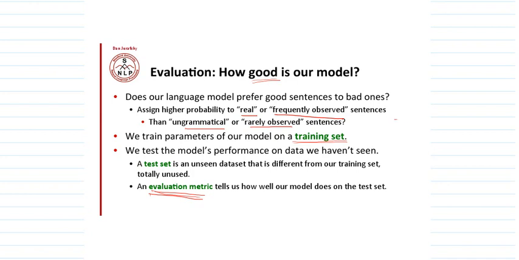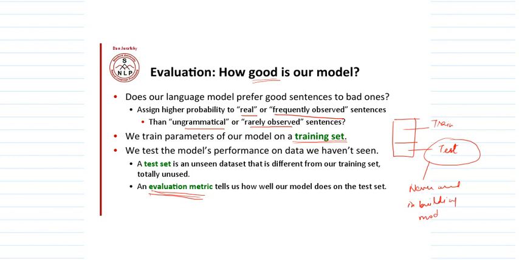So we have some data and we divide it into the train part and the test part, and this test part is never used in building the model.